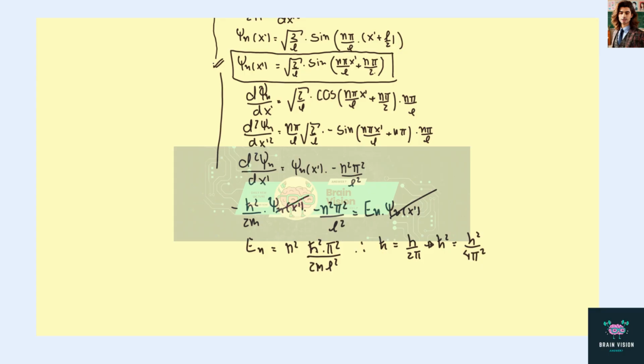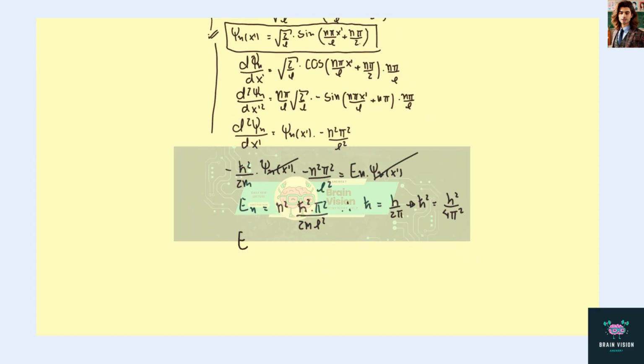By replacing h bar in the expression for En by h, we get the following. En is equal to n squared times h squared times pi squared divided by 2 times 4 times pi squared times m times L squared. The pi factors cancel out, and we get, as expected, the same value for the energies. I forgot the mass factor here.